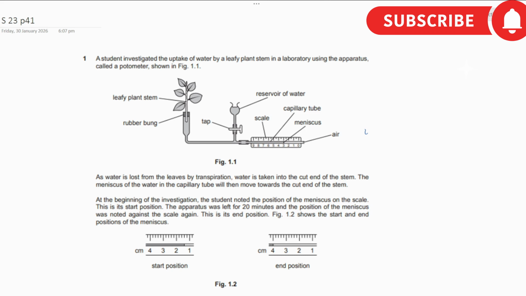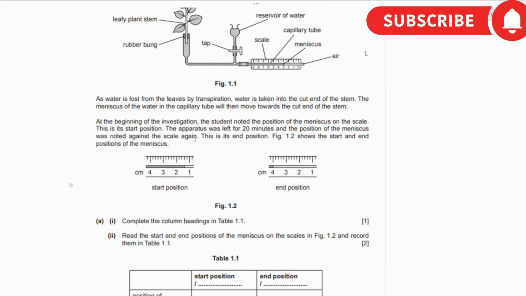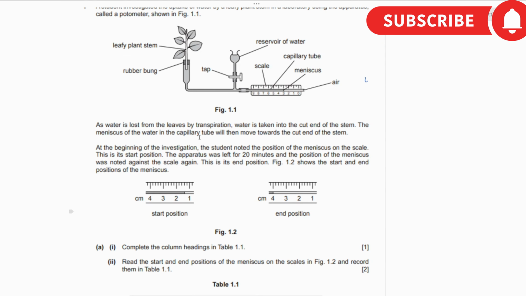One, first. Okay, so question number one is related to transpiration basically, and this instrument is known as potometer. The instrument that we use for transpiration is potometer. What is actually done in this one?